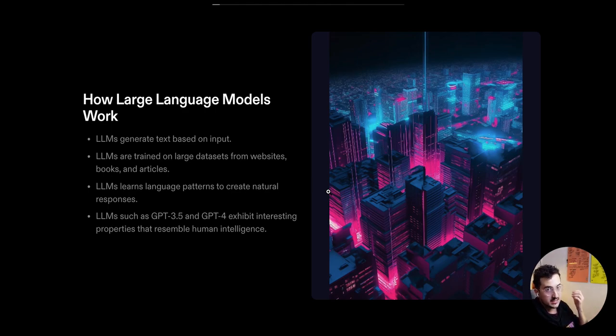This thing has been trained on very large data sets. Basically the whole internet, all the existing books, all the existing articles, or at least a very, very large corpus of data, so large that it can resemble all existing human knowledge.